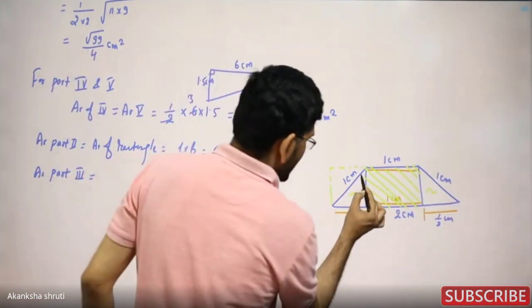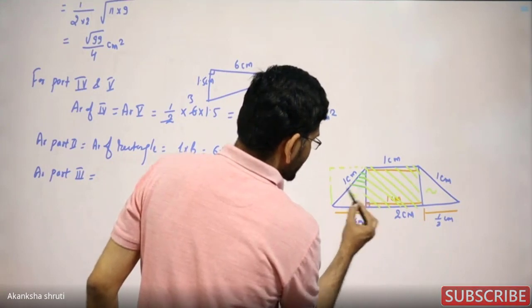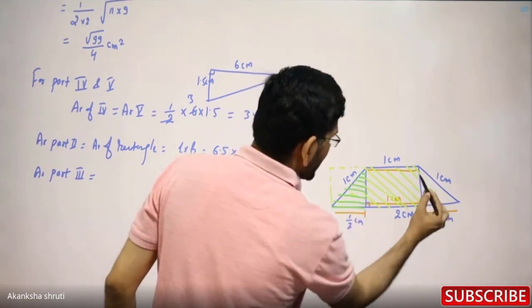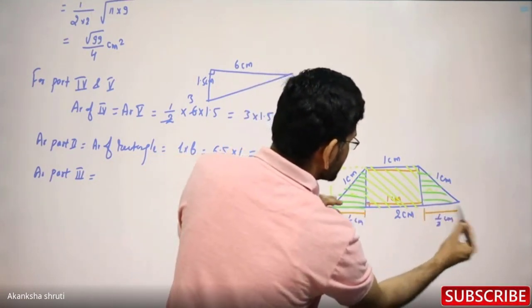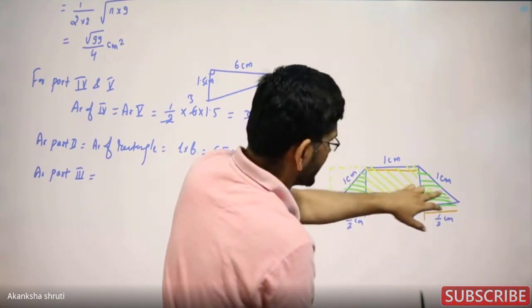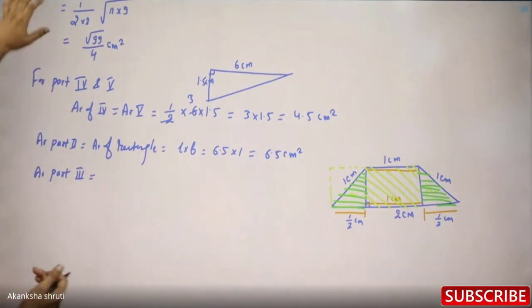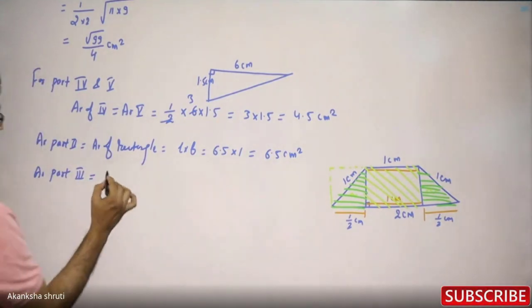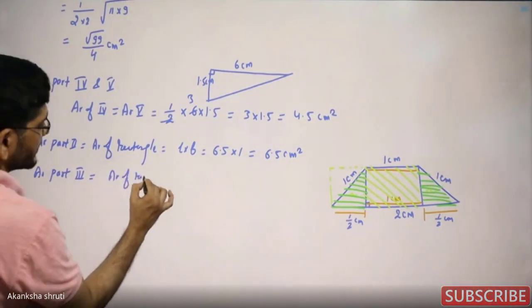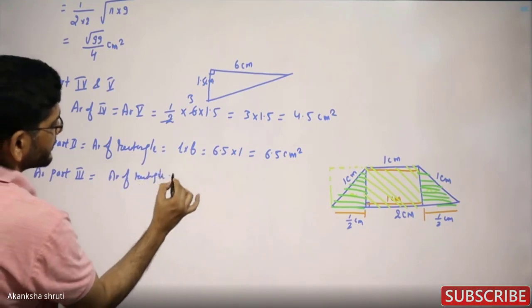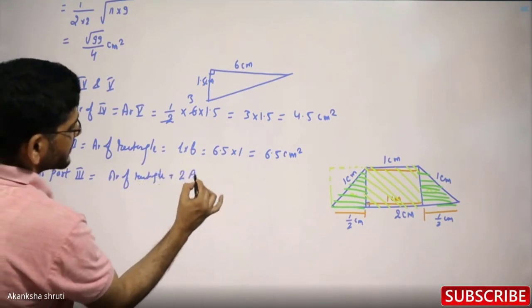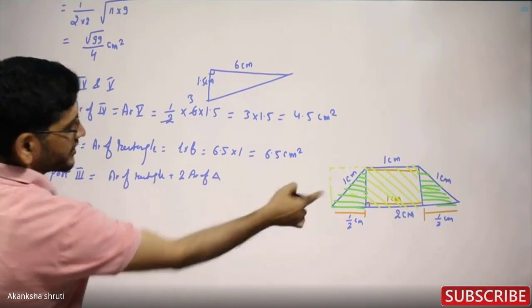So the area of these two triangles, ये भी triangle और दूसरा ये triangle, or just get the area of one of this triangle, multiply it by 2. It will give. Okay, student. So be careful. So this will be the area of rectangle plus twice area of triangle, whatever the figure we have drawn here.